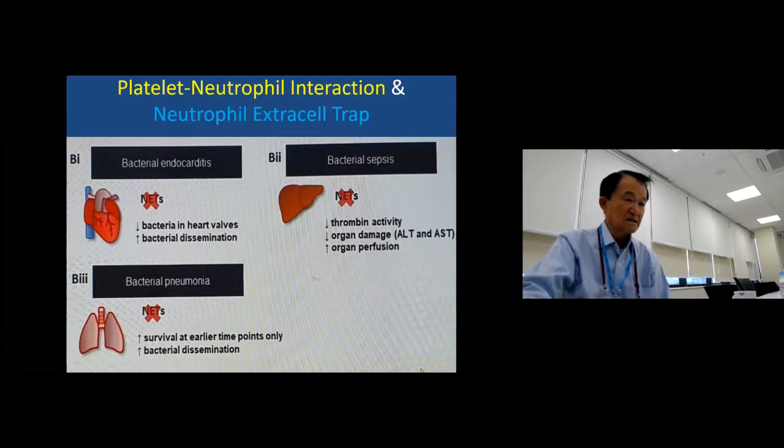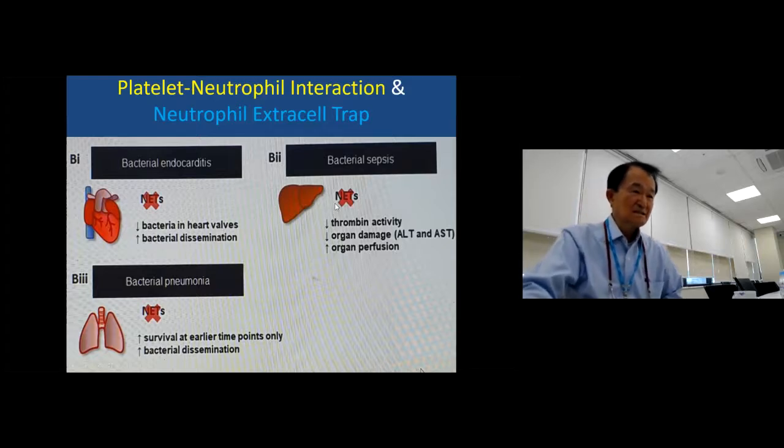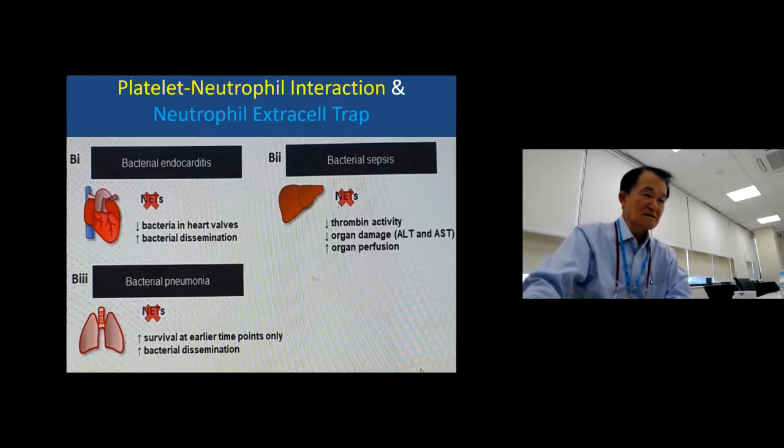So in the condition of sepsis, the neutrophil extracellular trap is increased by organ perfusion. If there is organ damage, like liver damage, it's decreased. And if thrombin activity is decreased, then the neutrophil extracellular trap is decreased.